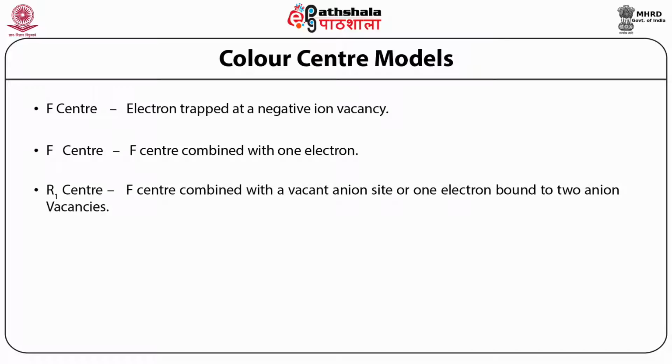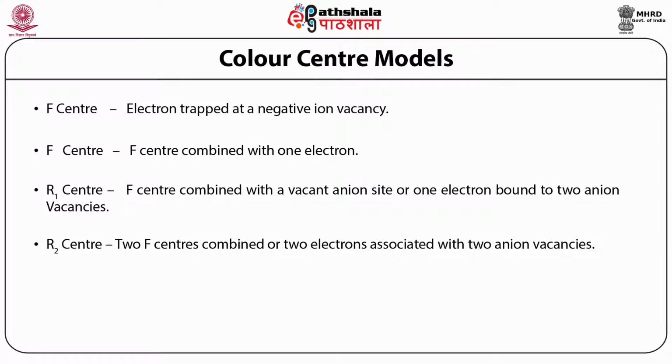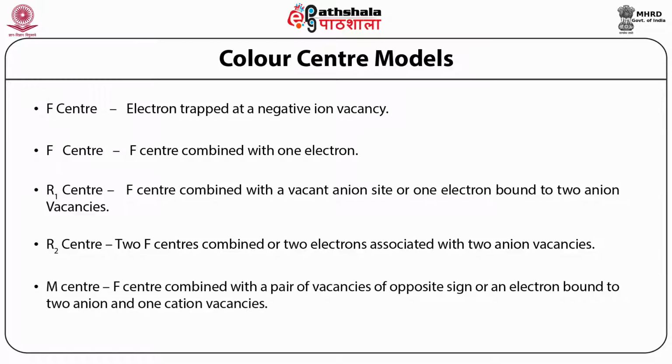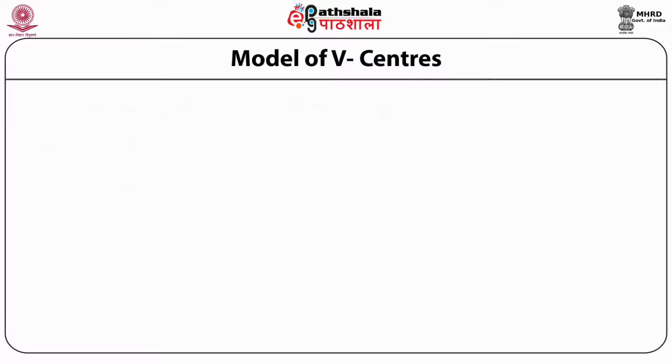R1 center is F center combined with a vacant anion site, or one electron bound to two anion vacancies. R2 center is two F centers combined, or two electrons associated with two anion vacancies. M center is F center combined with a pair of vacancies of opposite sign, or an electron bound to two anion and one cation vacancies.